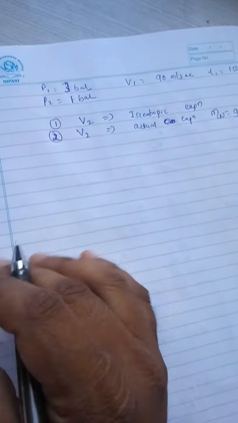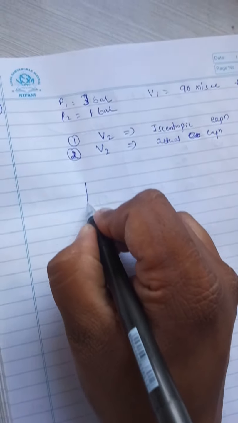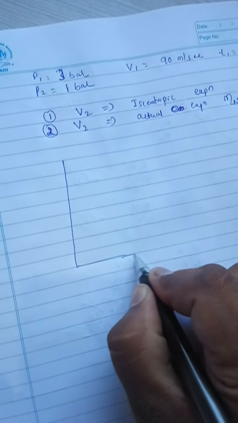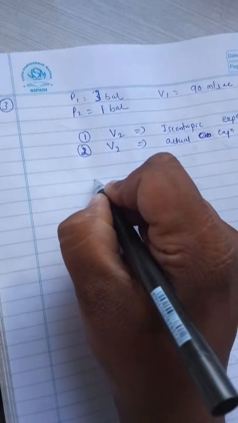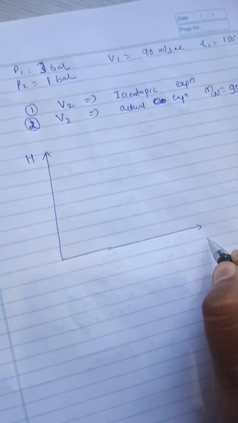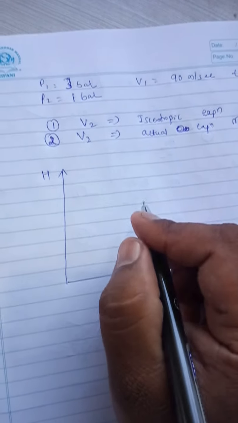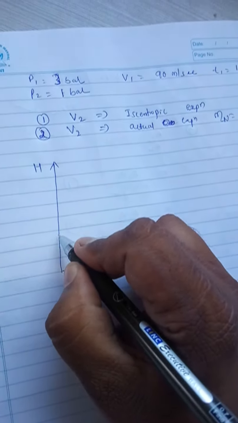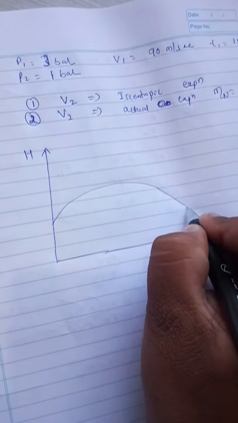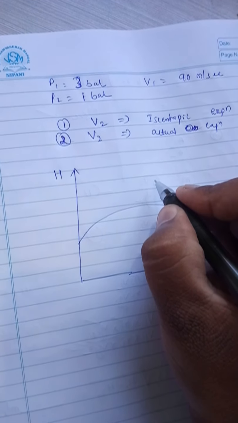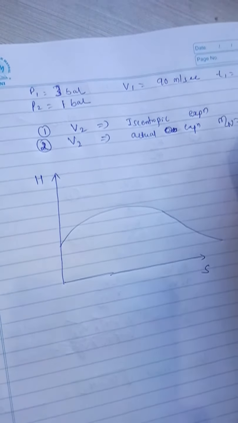So now I'll just draw the Mollier chart. It is a very simple problem. H-S, right. So just draw the saturation line as usual. We are drawing the saturation line. This is the HS diagram. Now he has given 3 bar and 150 degree Celsius.